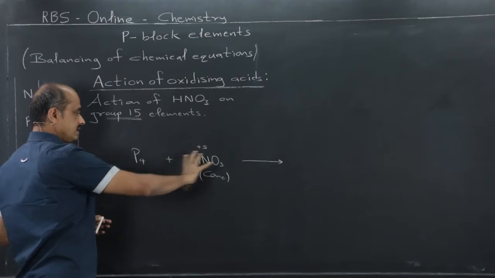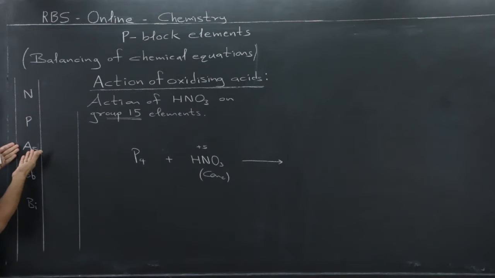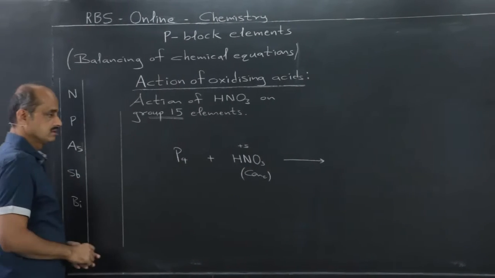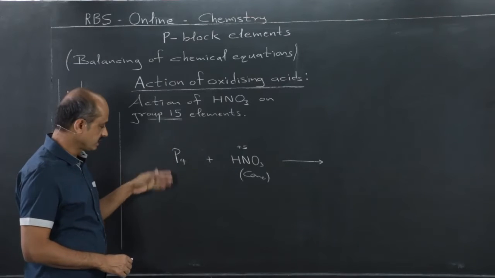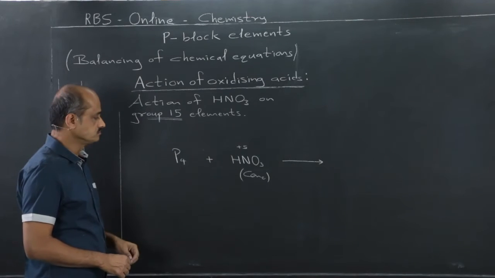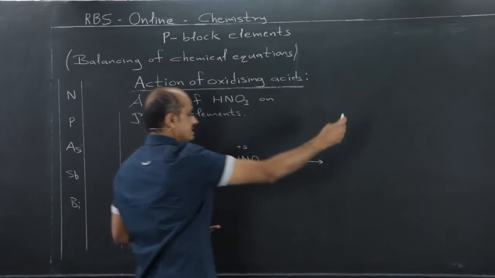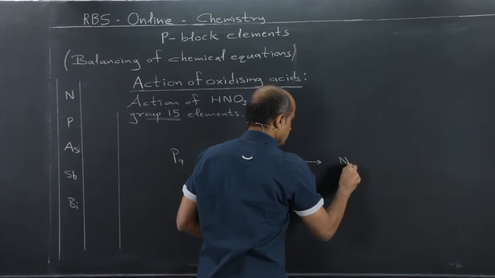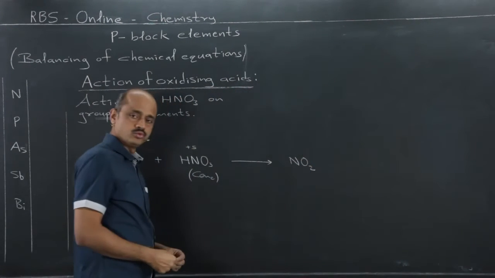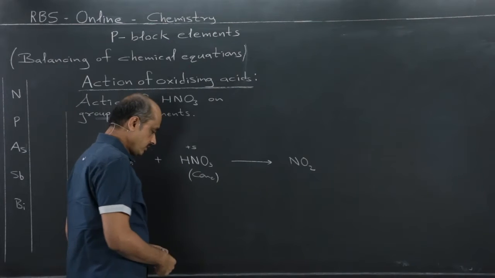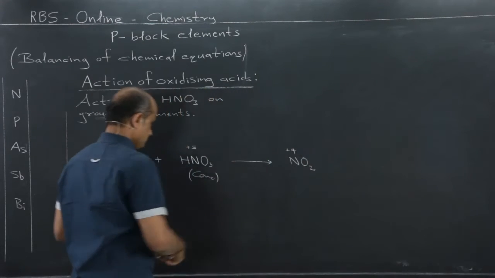I am going to explain the reaction of phosphorus, but instead of phosphorus, if it is arsenic, antimony or bismuth, instead of phosphorus, if other elements of group 15 come here, one thing is common: nitric acid on that side changes to NO2 gas. Now, in NO2 gas, the oxidation number of nitrogen is plus 4.